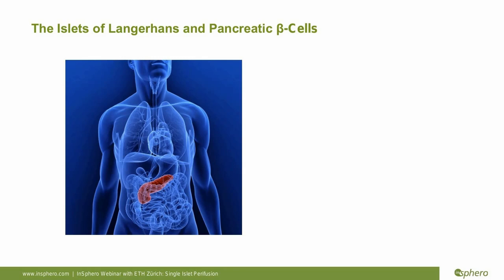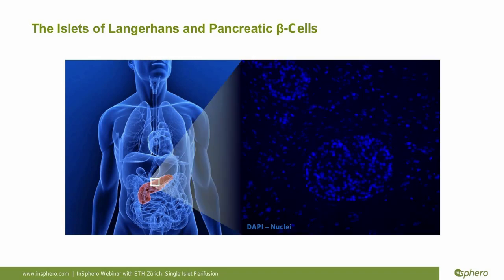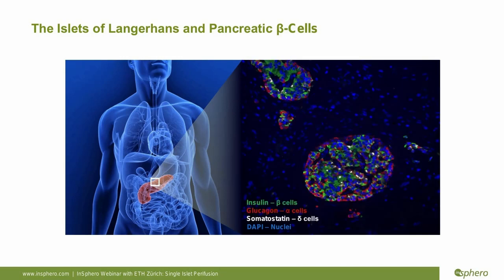And these endocrine cells take the form of small clusters that are distributed throughout the organ. These clusters are called the islets of Langerhans. They can actually also be observed as phenotypically distinct from the rest of the pancreas. And they are composed of multiple different endocrine cell types, including, mostly abundant, the insulin-producing beta cells, the glucagon-producing alpha cells, and the somatostatin-producing delta cells.